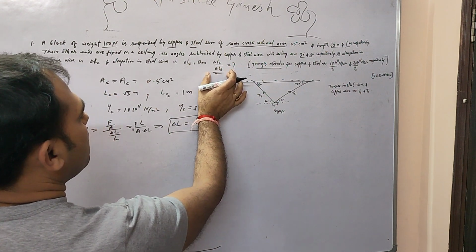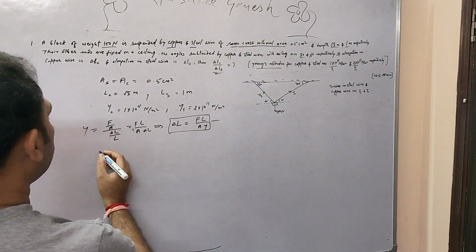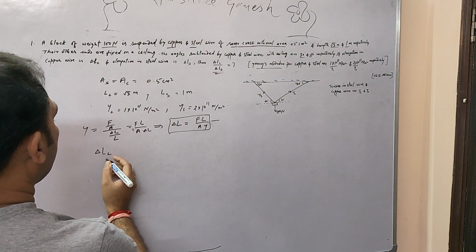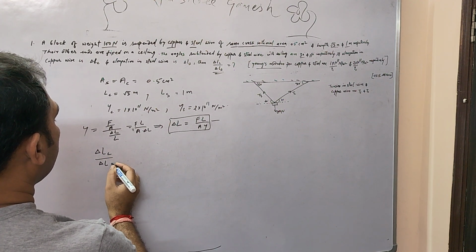Now question asks delta LC. Find the value of delta LC upon delta LS.